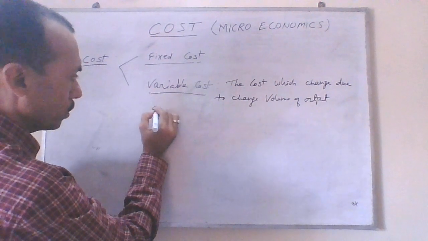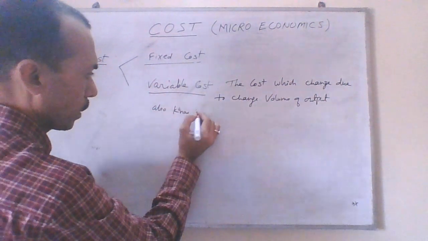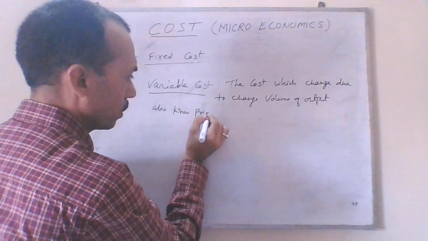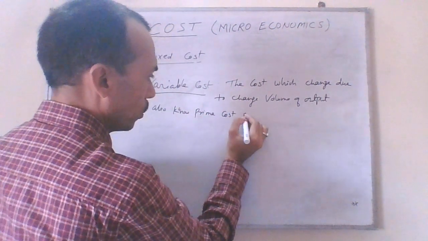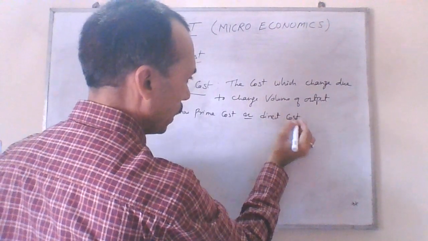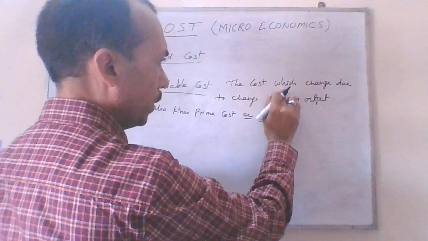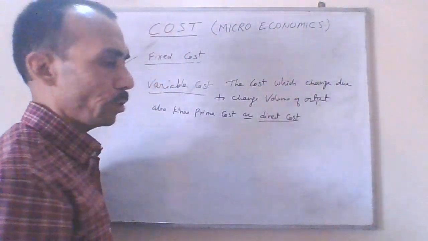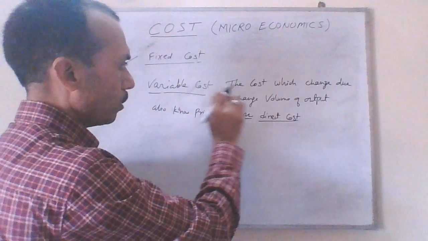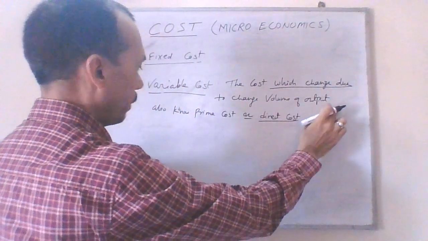Variable cost is also known as prime cost or direct cost. So these are other names of the variable cost. Variable cost is the cost which changes due to change in the volume of output.